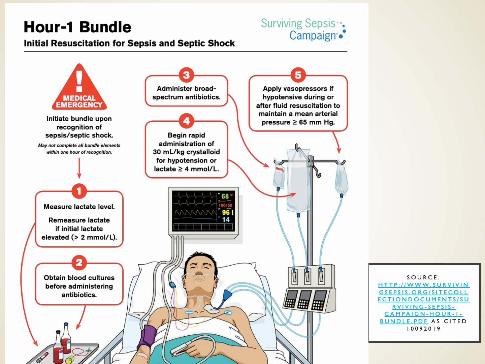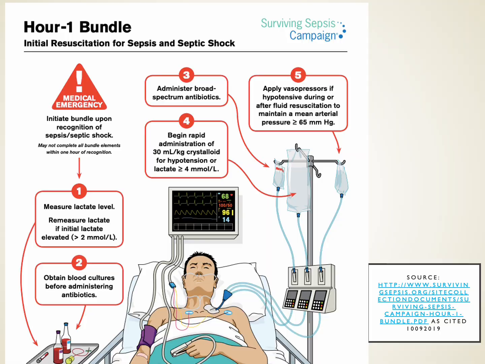So initially, immediate lactate levels, blood cultures, broad-spectrum antibiotics, rapid fluid boluses, and vasopressors. All of that is going to be important to consider as we look at managing those patients acutely.